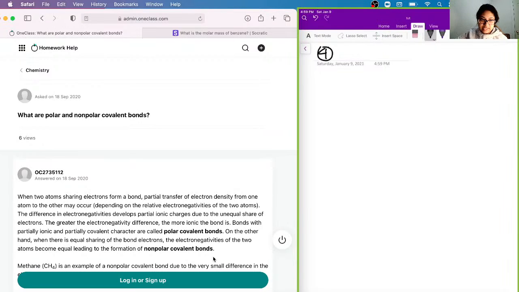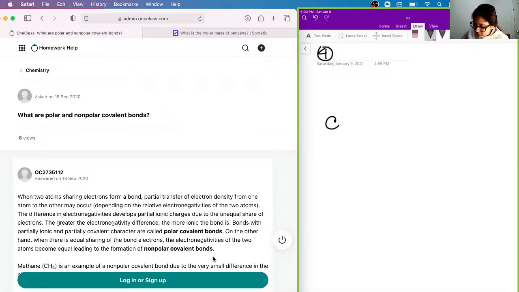The next question says, what are polar and nonpolar bonds? Basically, when two atoms share electrons in a bond, there's a partial transfer of electron density from one atom to another. This is where you're talking about electronegativities.